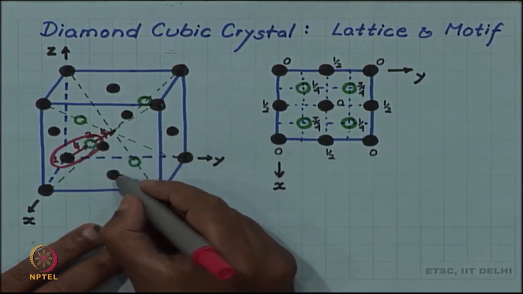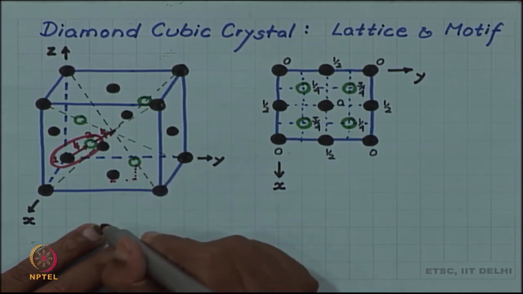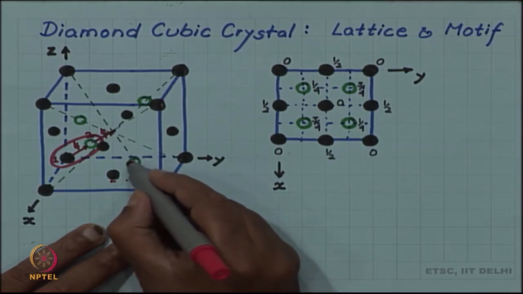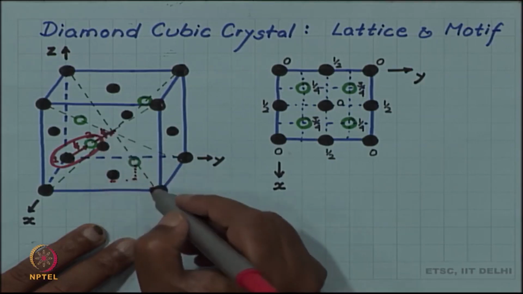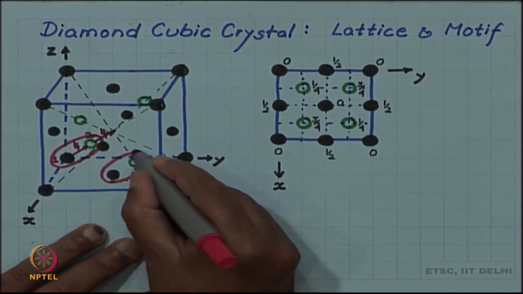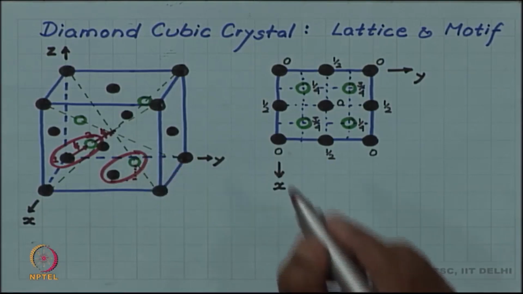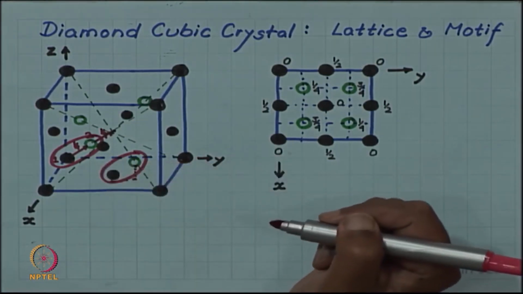From here if we start, we are already at the face center. So, we will go 1/4 along x, 1/4 along y and then 1/4 z. So, exactly we will come to the location of this atom at the other body diagonal. So, we can see that the motif is actually repeated at this atom at the face center also.